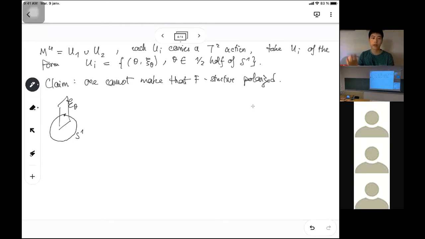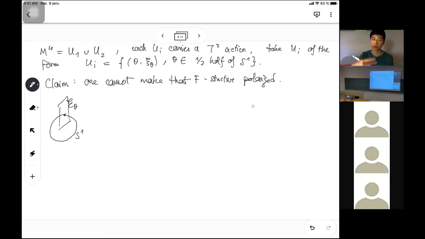Remember that M is a kind of bundle, the E theta bundle over S1. So in each E theta, you pick what you think is the right S1 action that is free. And you go around S1, you get a non-trivial holonomy. So the S1 action that you get after one loop around S1 is not the S1 action that you started with at the beginning.